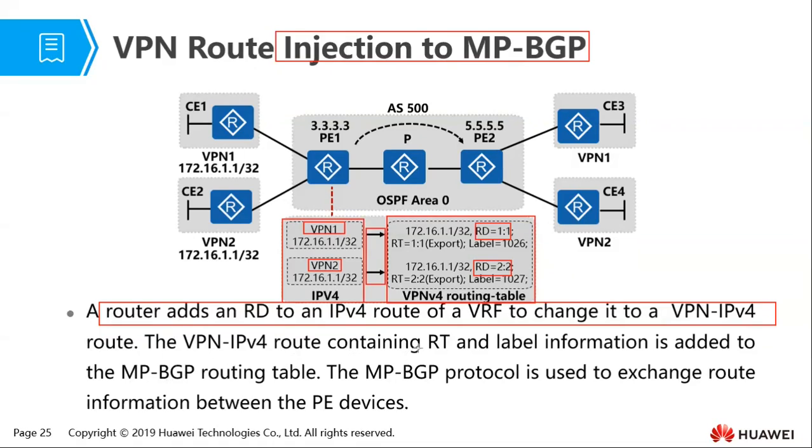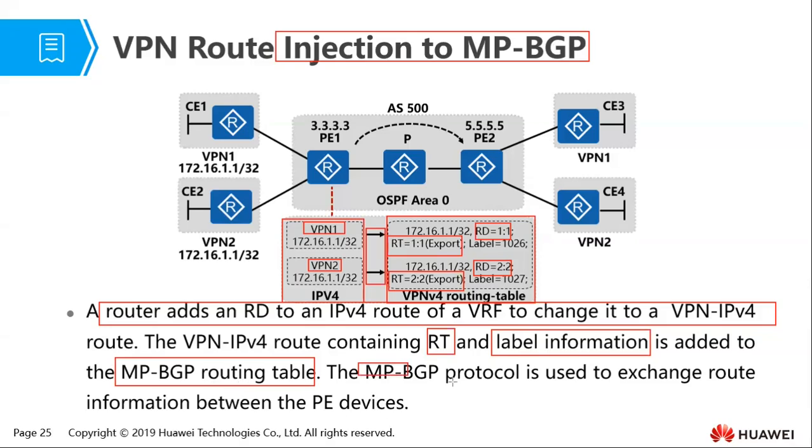Then a VPNv4 route containing a route target, an export route target, and label information is now added to the global routing table, which is what we're calling here the MP-BGP routing table.